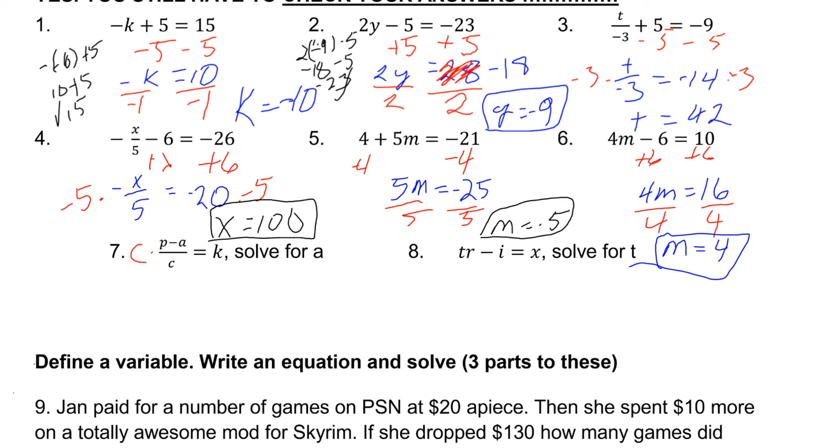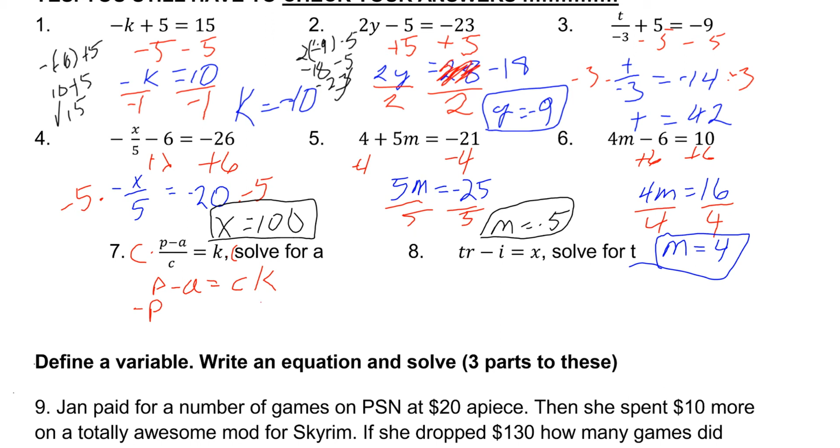So it's going to be P minus A equals CK. So we're going to solve for A. In order to do that, we subtract the P from both sides.